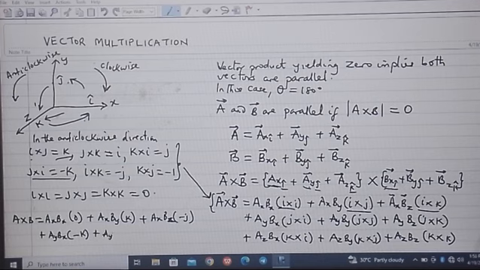Plus AY BY into J cross J is 0, so this wipes away.